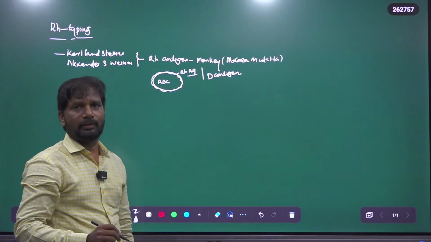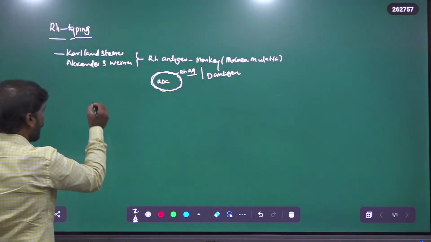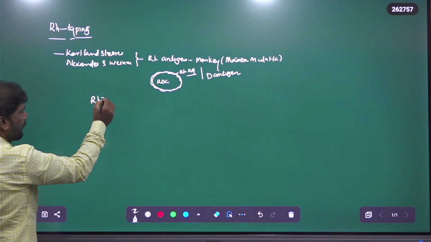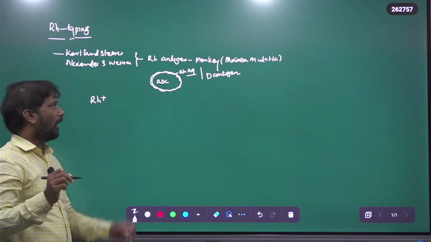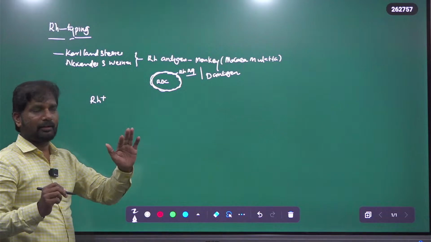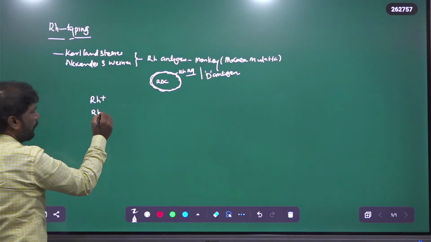Those persons who have the D antigen are known as RH positive persons. Those persons who do not have the RH antigen, that means the D antigen, are known as RH negative persons.